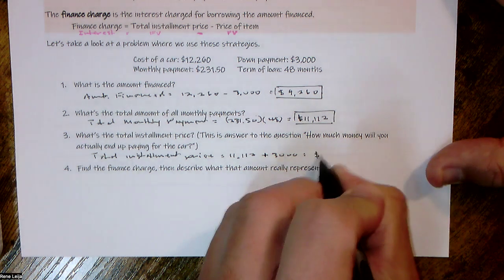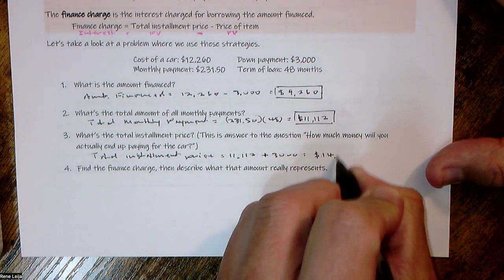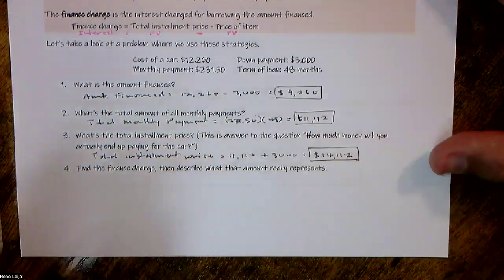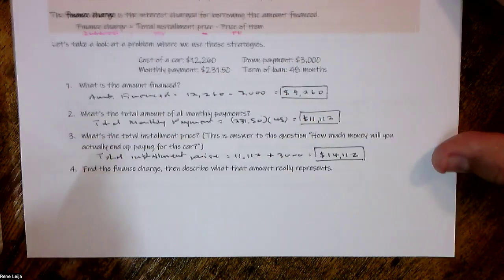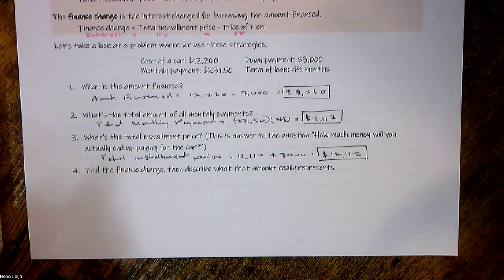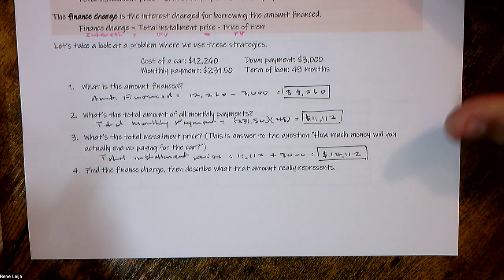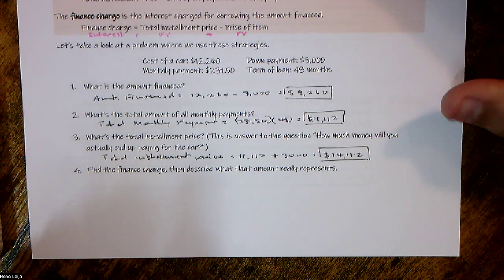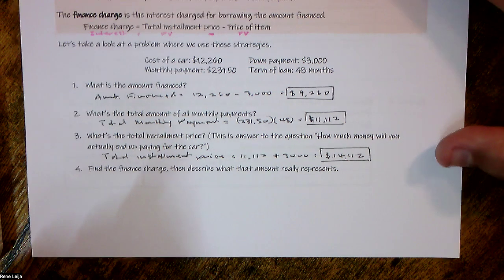So that means it's $14,112. Okay, that's the total installment price. That's how much you are invested. You have invested $14,112 in this scenario.